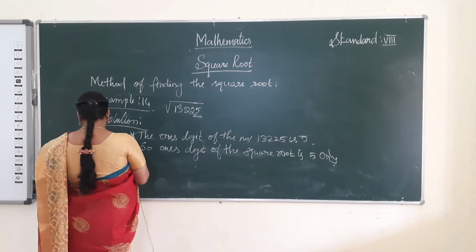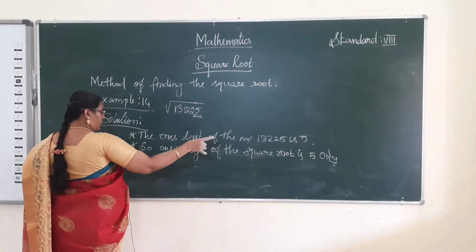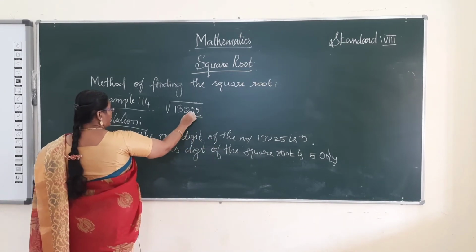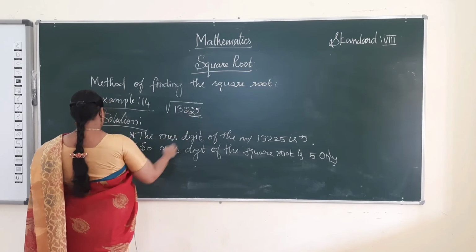Okay, and now find out the tens digit. So strike out the last two digits from the right.